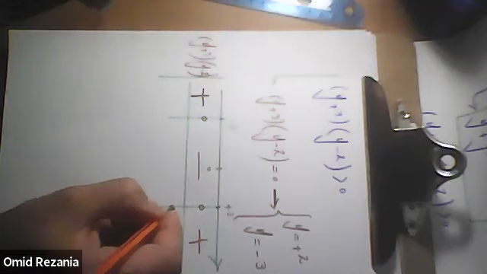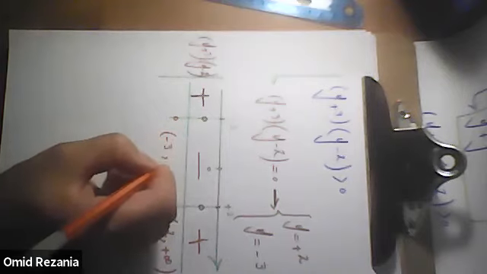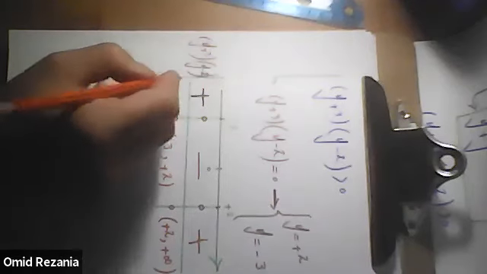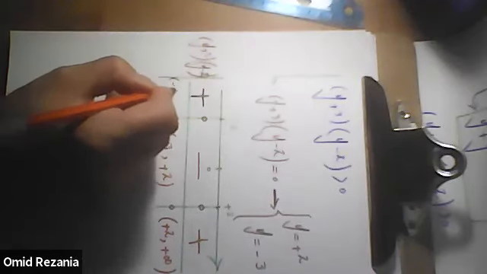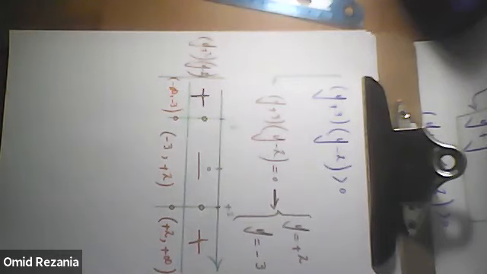At +2 and -3 it is 0, but from -3 to +2 the interval becomes negative, and from -infinity to -3, it is again positive. You see how it works? How did I construct my chart?